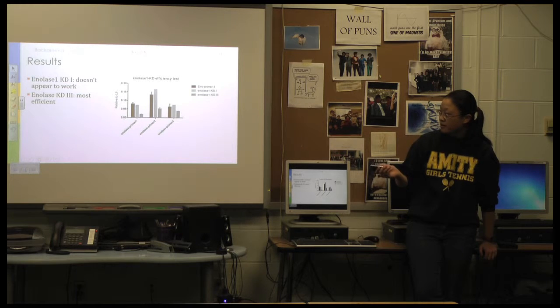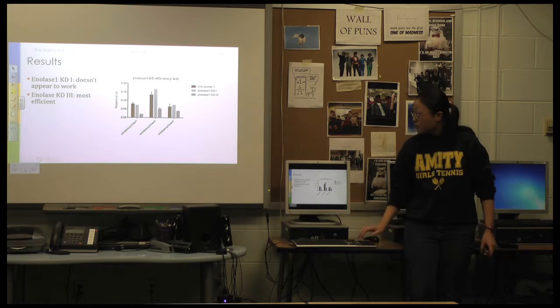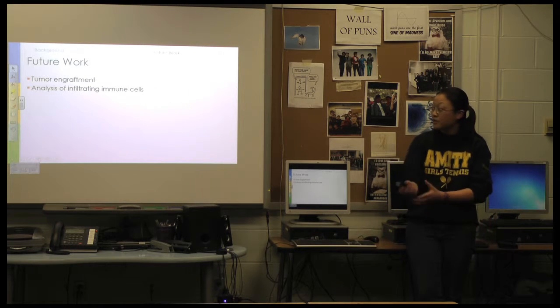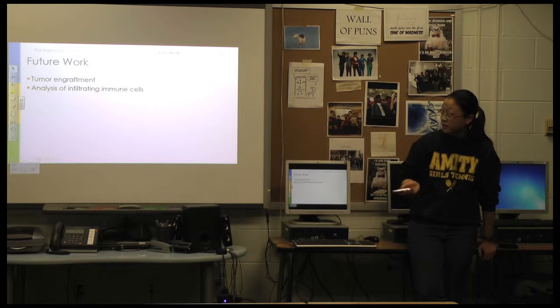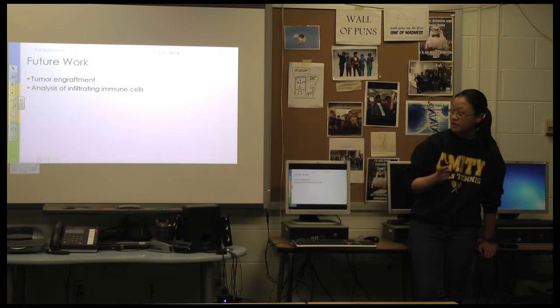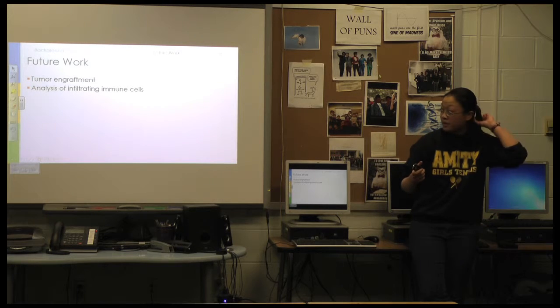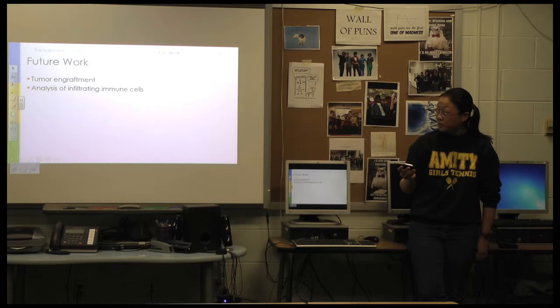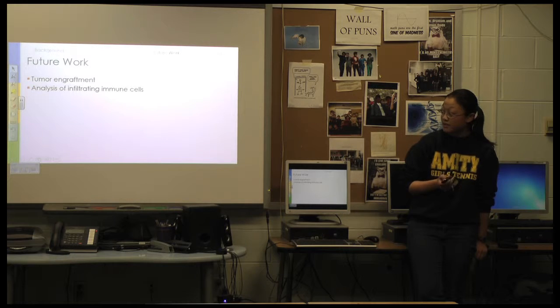From that we found that enolase knockdown 3 was the most efficient of the three. With enolase knockdown 3, we're working right now on transfecting it into a stable line of melanoma cells, so we'll be able to grow the melanoma, then engraft those into mice, and hopefully analyze the infiltrating immune cells.